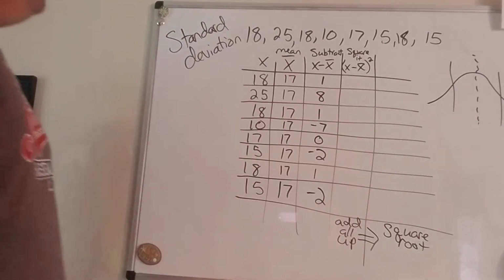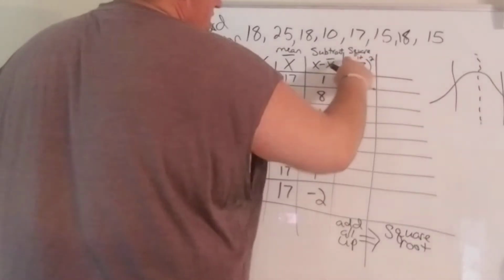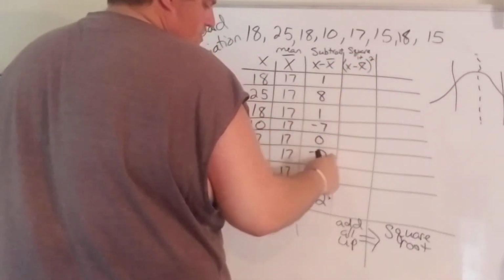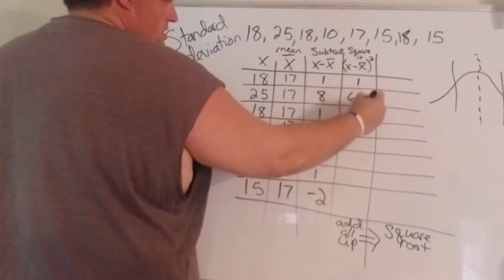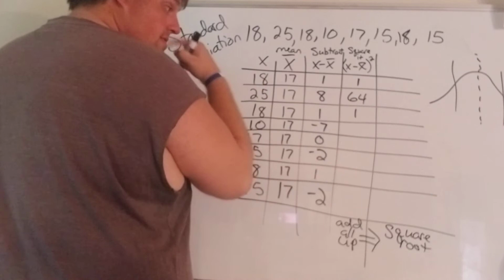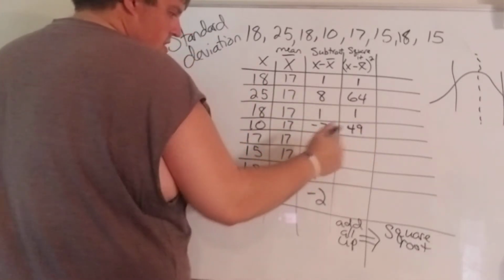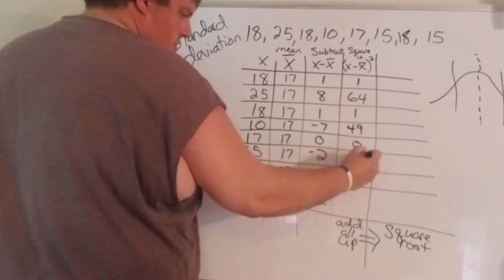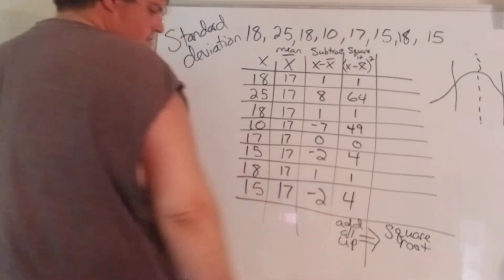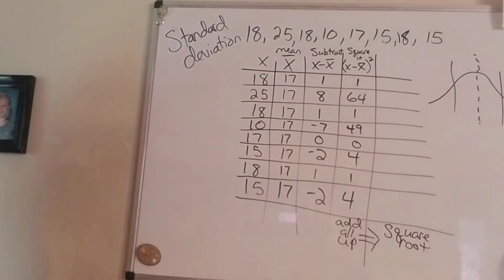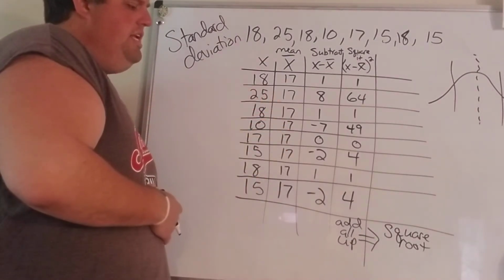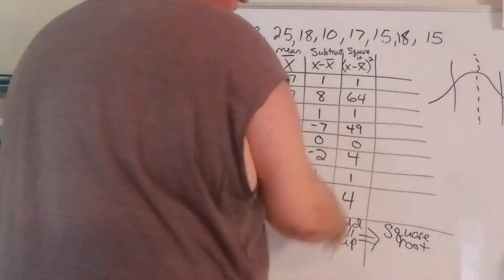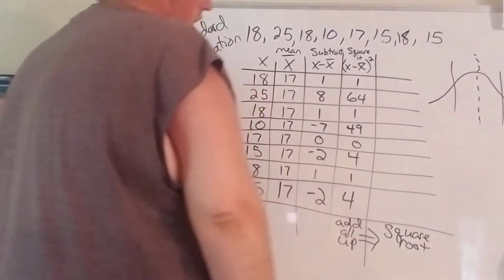Easy so far. The next move is you square all these numbers. So 1 squared is 1, 8 squared is 64, 1, negative 7 times negative 7 is 49, 0, 4, 1, 4. Cool. So you take that column that we just had, the subtract column, you square all those numbers. Now you're going to add all of those numbers up in this fourth column.